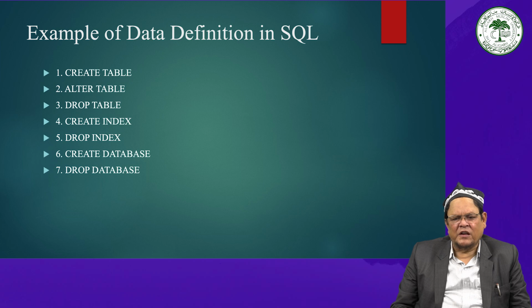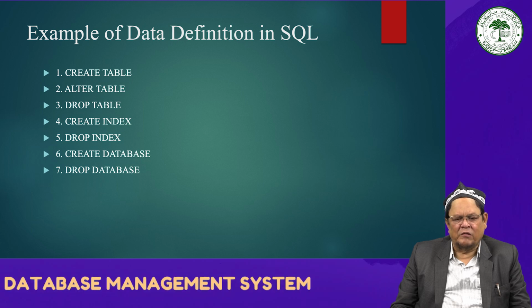Additionally, DDL commands such as create database and drop database allow us to manage entire databases within our database management system. Understanding DDL empowers us to design and maintain databases tailored to our specific needs.